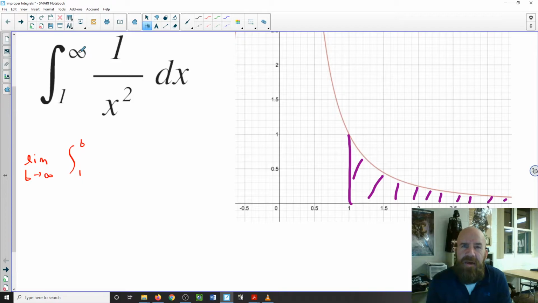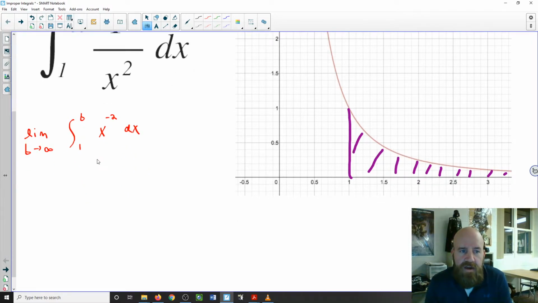So we're replacing that infinity with a b. Once you get good enough at this, it's just what you're thinking about; you don't have to really write it. So we have 1 over x squared, or we can rewrite it as x to the negative 2.